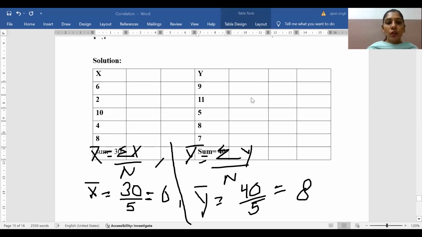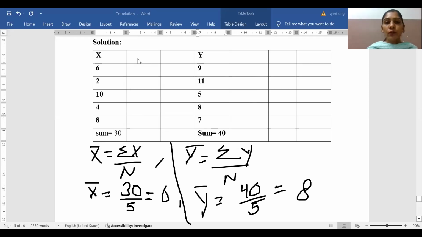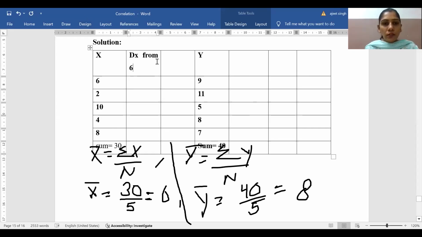Now we have to calculate the value of dx, which can be calculated with the help of the mean. We have to calculate dx for both series, x and y. Let's first calculate dx from x bar, the mean of x, which is 6.